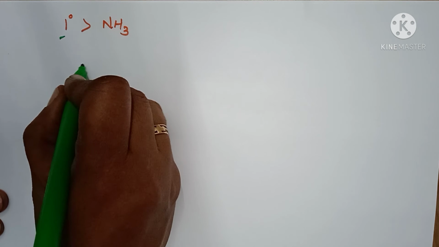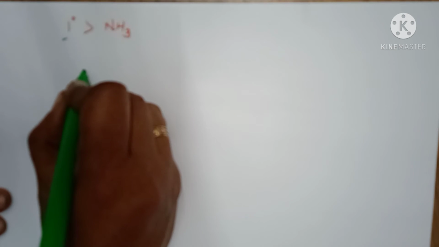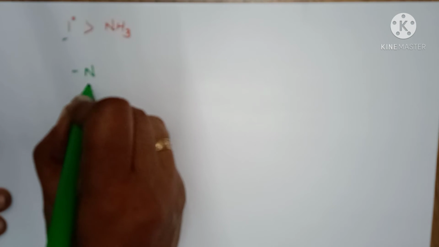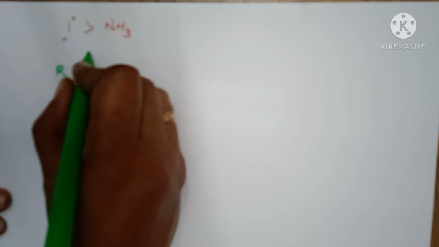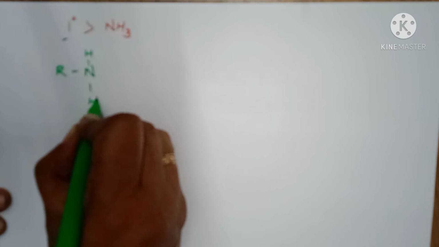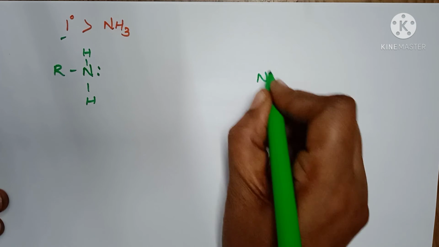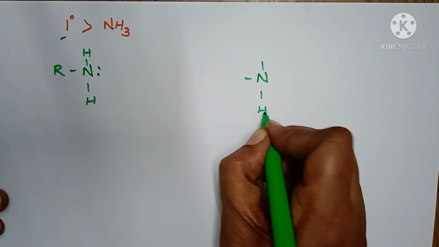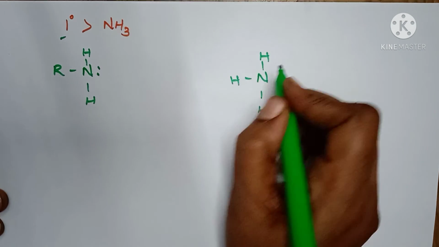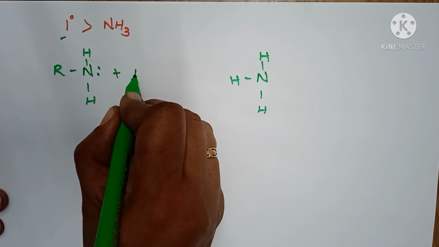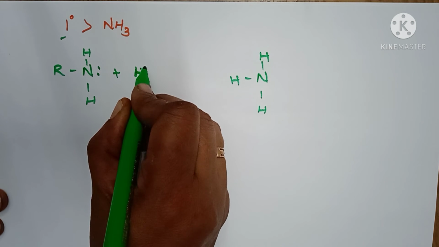of electrons. See, now primary amine, I will write it here. Primary amine, here R, hydrogen, here hydrogen, lone pair of electrons. Here ammonia, H. See, in these two, it is ready to donate electrons.